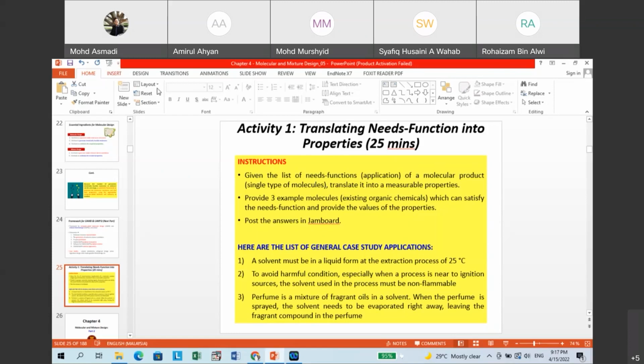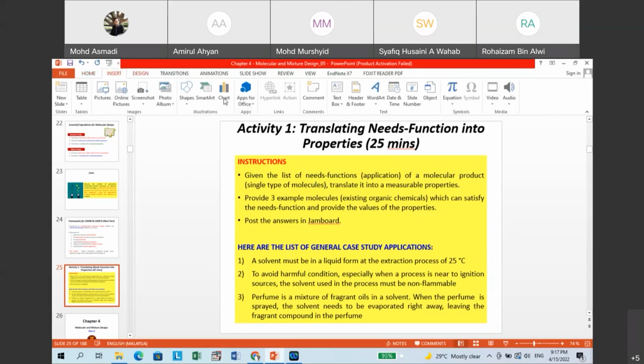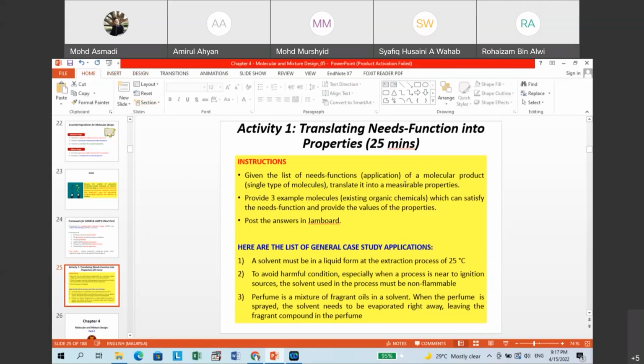Yeah, measurable properties. Measurable properties macam viscosity, apa lagi? pH, that is measurable properties lah. Provide 3 example molecules which can satisfy needs functions and provide the value of the properties. Yang ni need the function lah. Solvent must be a liquid form at the extraction process.